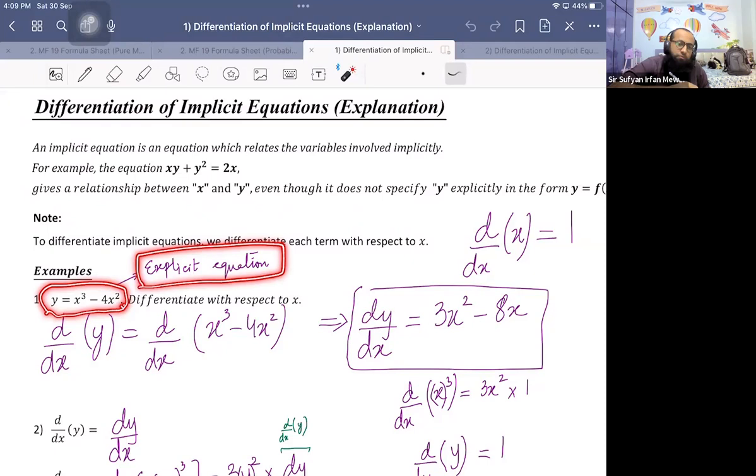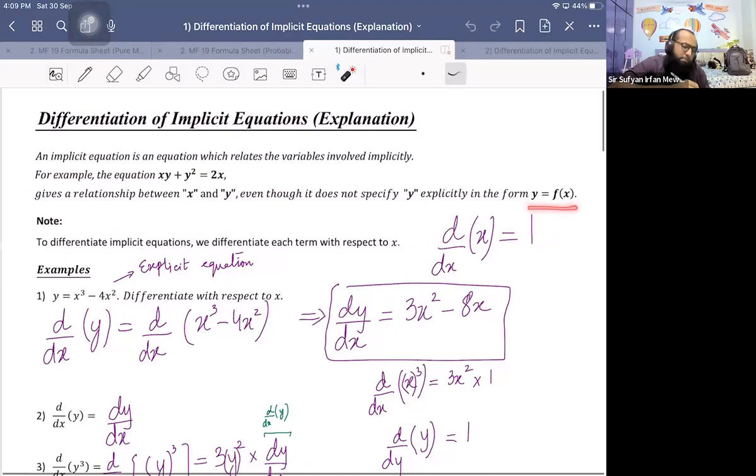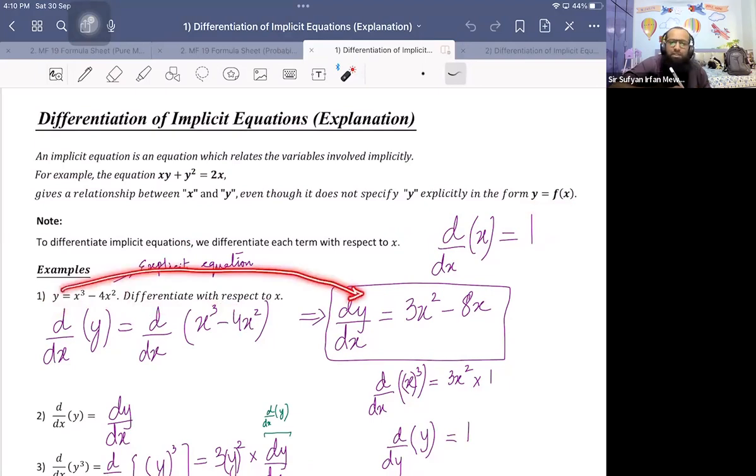Why is this an explicit equation? Because y is the subject of the equation. Y is a function of x, and that is why this is an explicit equation. Whenever we used to differentiate such equations, we used to do this directly. We used to differentiate and write that we are obtaining the gradient function dy by dx.